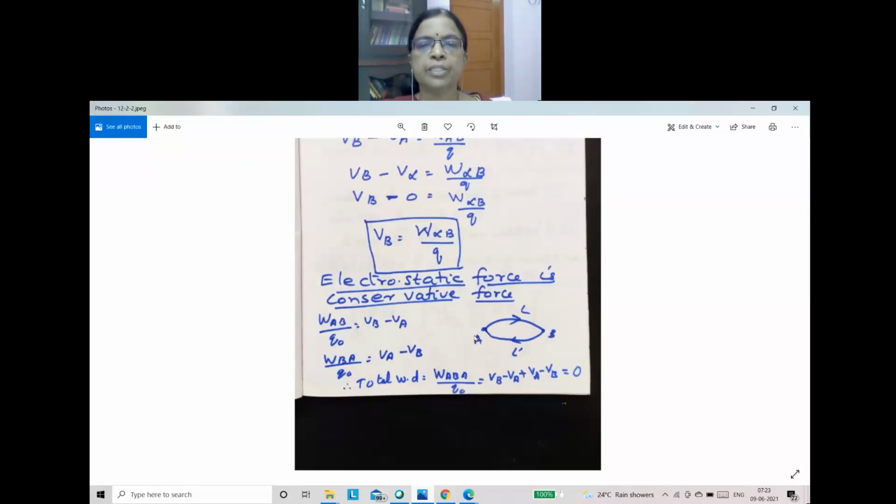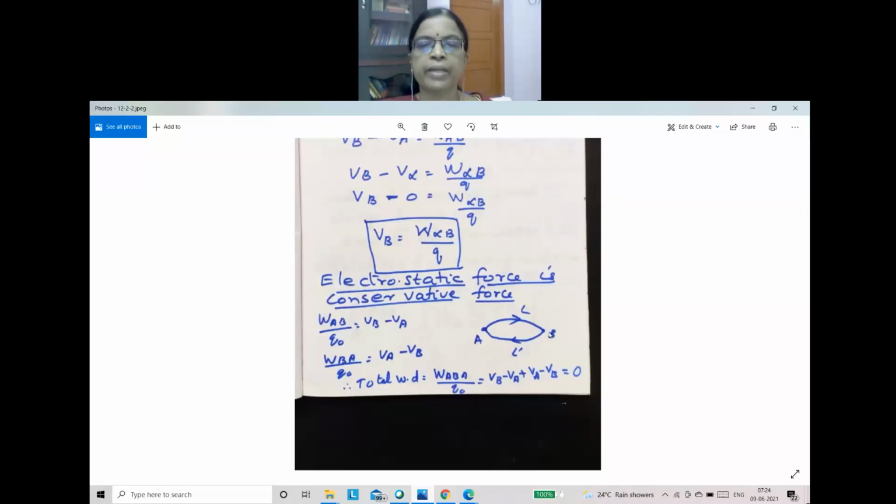Here, consider the work done to take the charge from A to B through this path. Suppose we are taking a positive charge, and the electric field is in this direction. In the same direction we don't need to do work, because the electric field will do that work of taking the charge from A to B. That repulsive force will be there if both are positive charges.